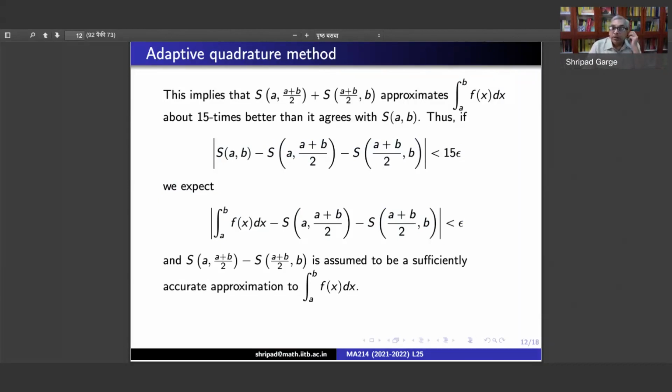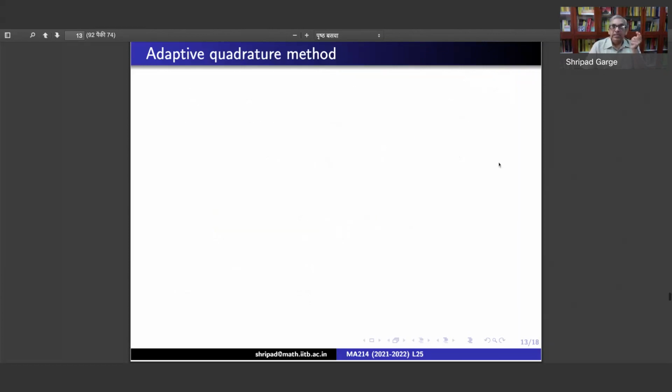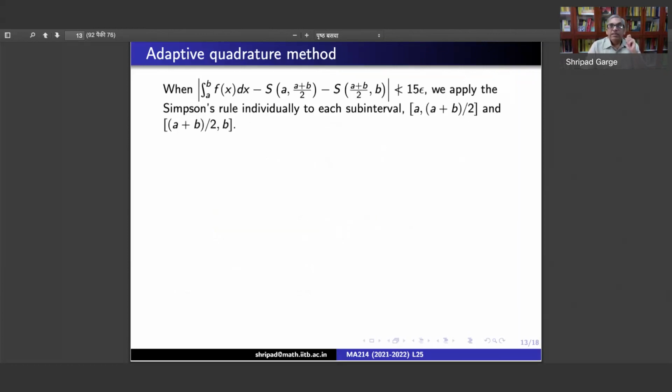Okay. But now there could be a problem that the difference of the S values may not be less than 15 epsilon. In that case, what we do is that we apply the rule individually. The composite Simpson's rule is applied individually to these two subintervals.